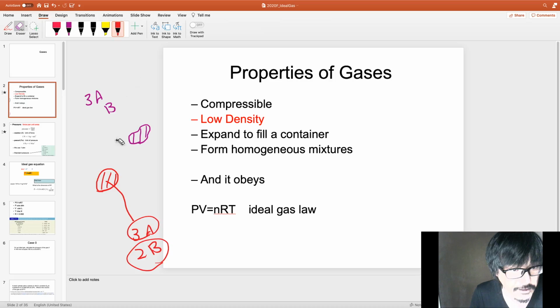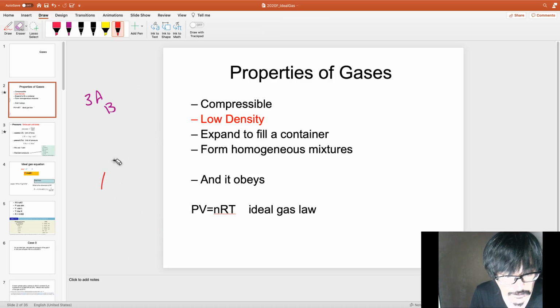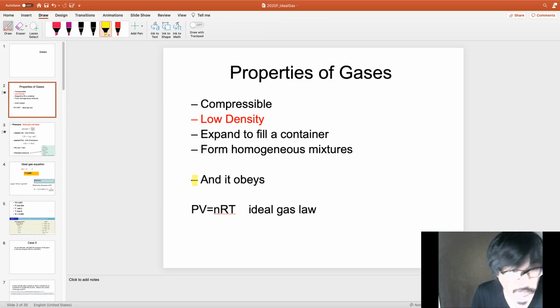All right, so that's good enough. And it obeys, and this one is important, the ideal gas law, PV = nRT. Let me explain that one, because you are going to solve these equations over and over again. P is the pressure, and the usual unit I use is atm.